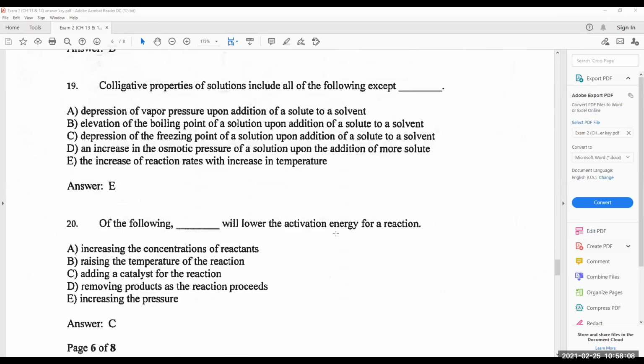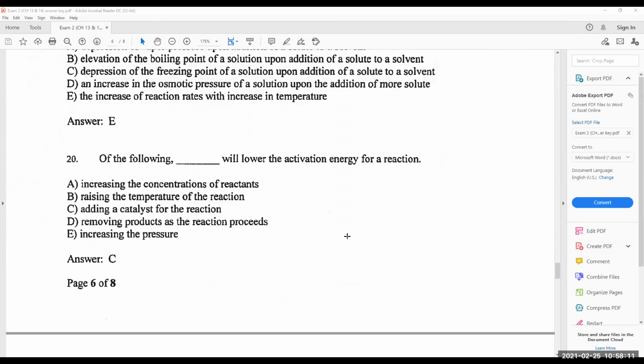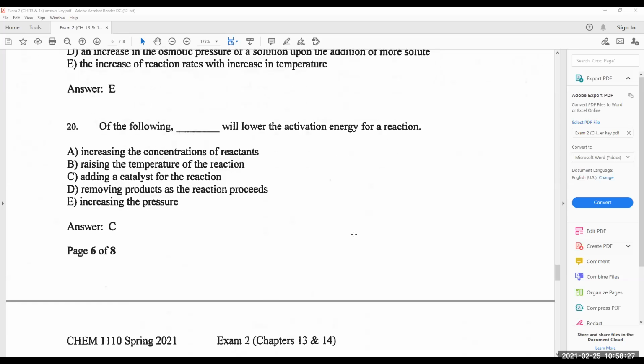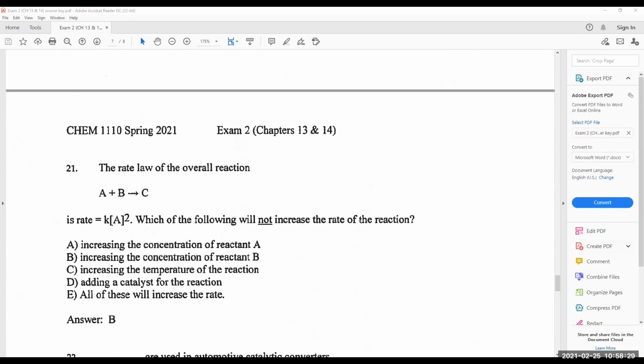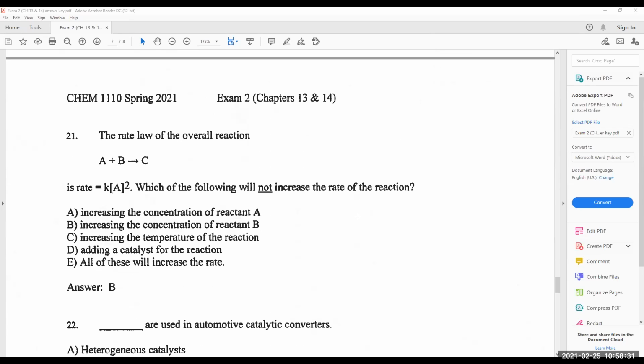Number 20, of the following, which will lower the activation energy for a reaction? Activation energy is lowered by adding a catalyst. Okay, 21, we're told that for the overall reaction A plus B to C, the rate is equal to K times A squared.